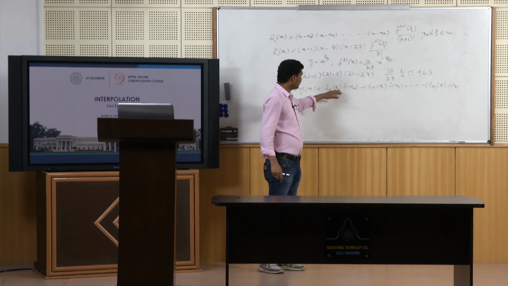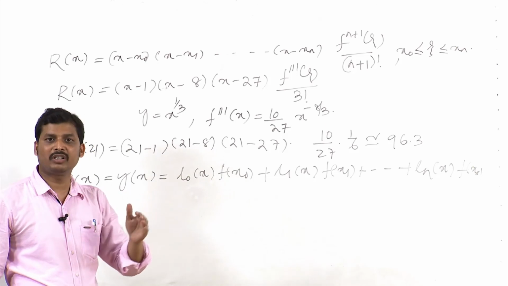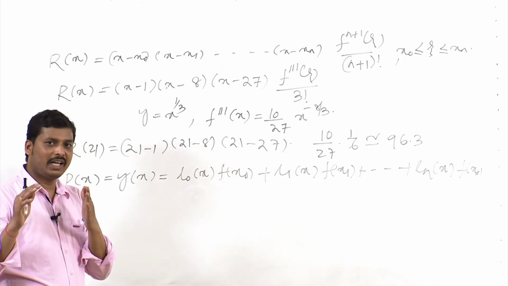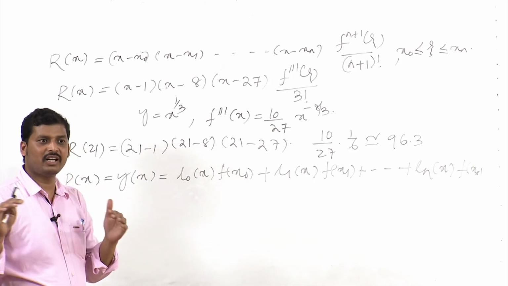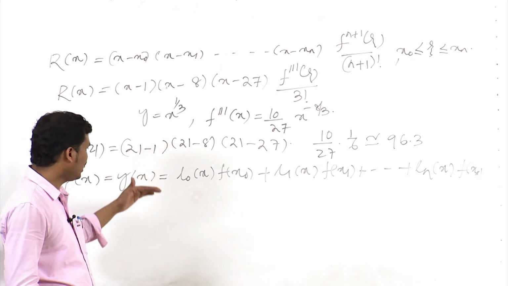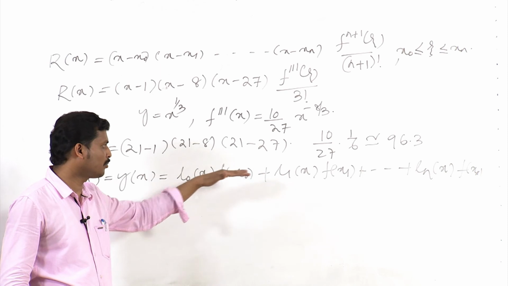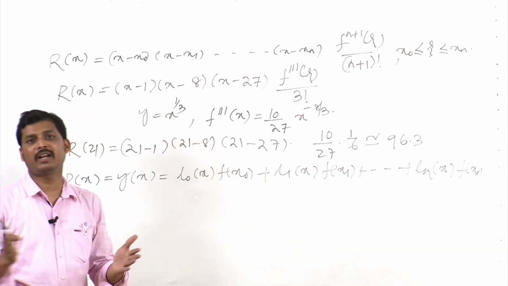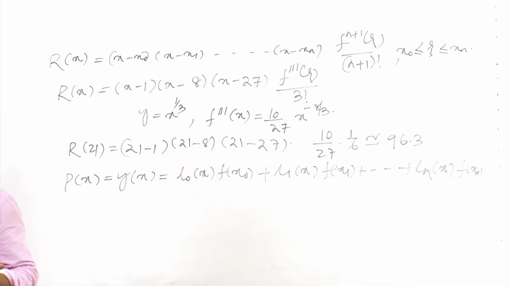So if another extra point is added, then on the upper side also we have to consider x minus x(n plus 1), and on the lower side also we have to consider x0 minus x(n plus 1). So in each of the terms that is multiplied, a large number of multipliers is required for the solution process.